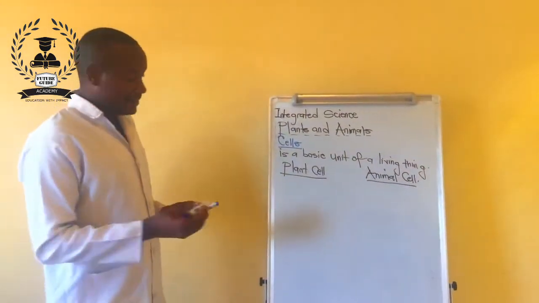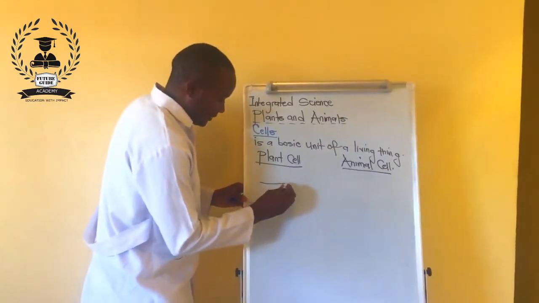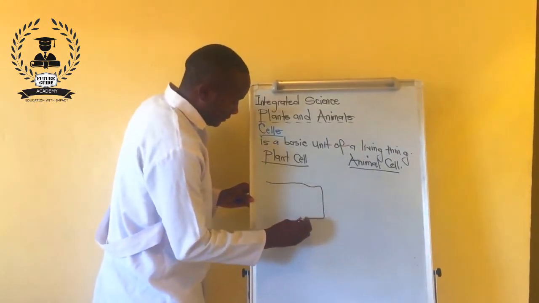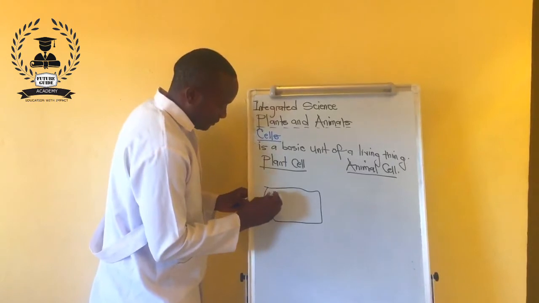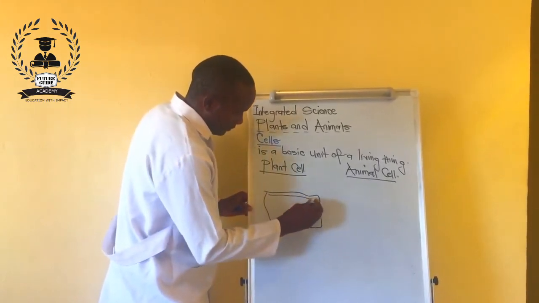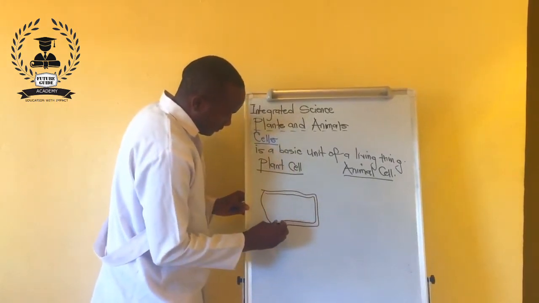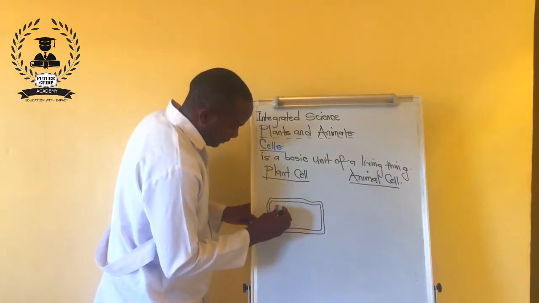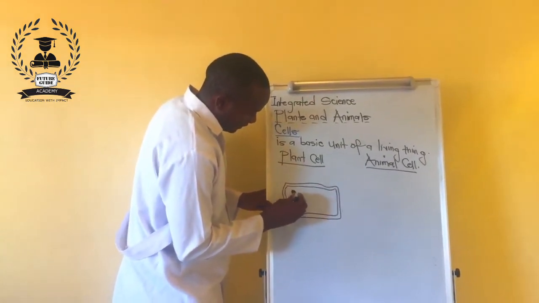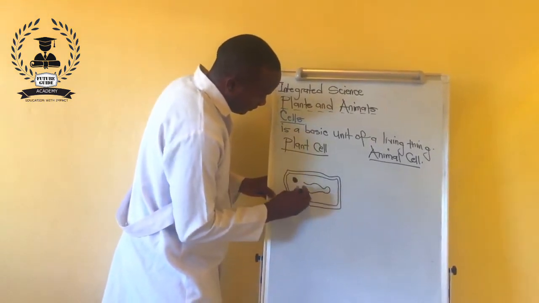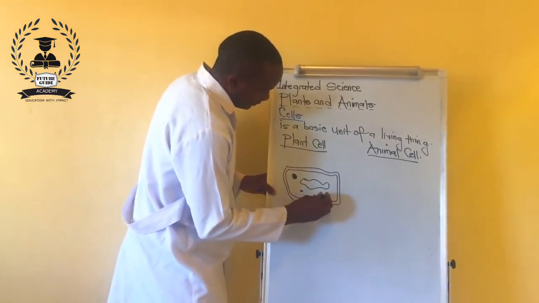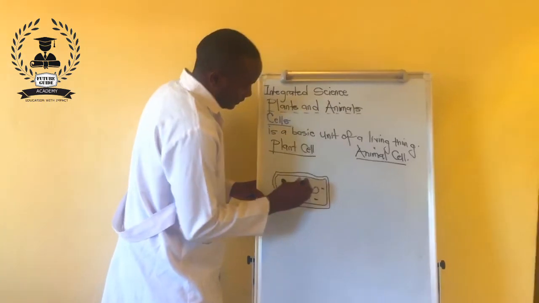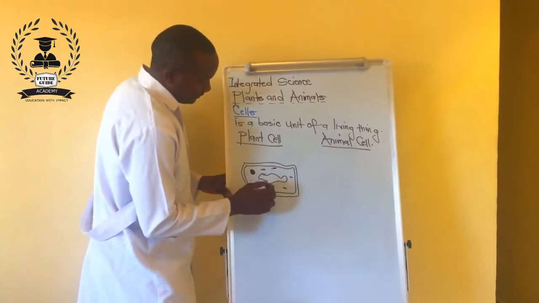Now, under a plant cell, we're going to see something that looks like this. Okay, so like that. These dotted parts.